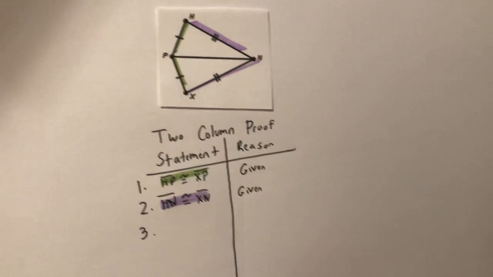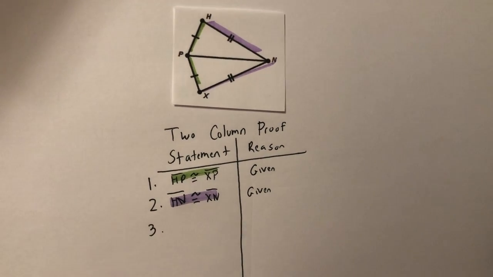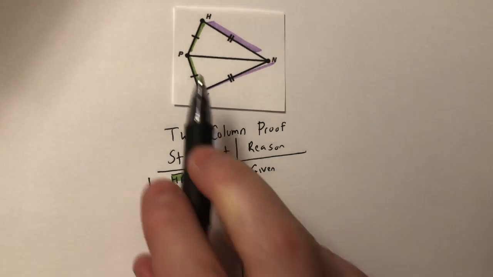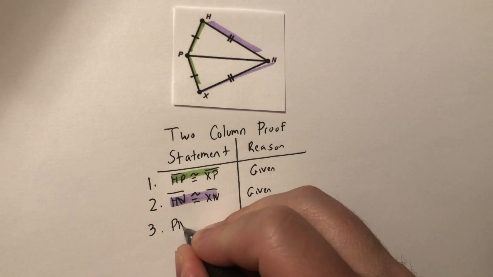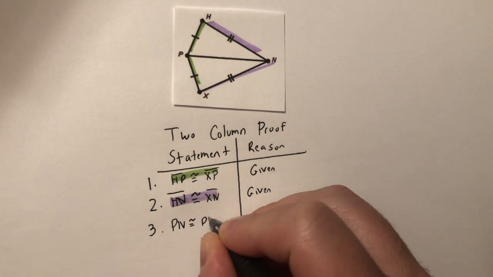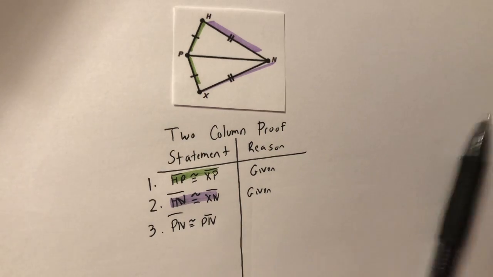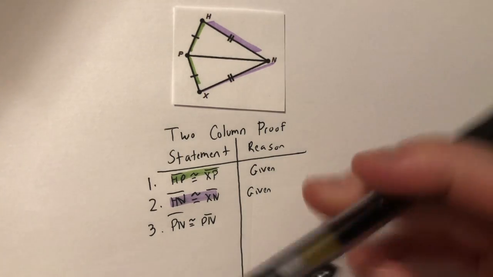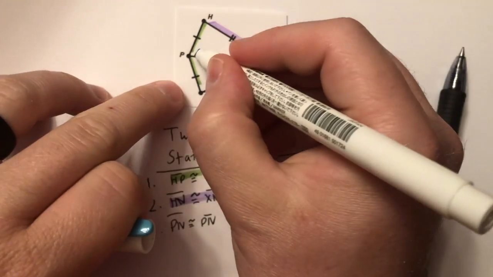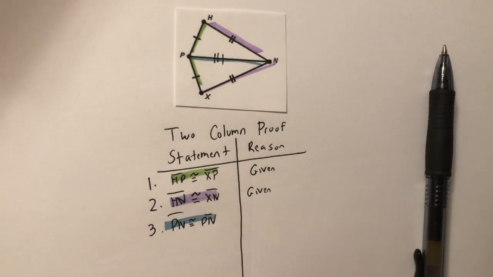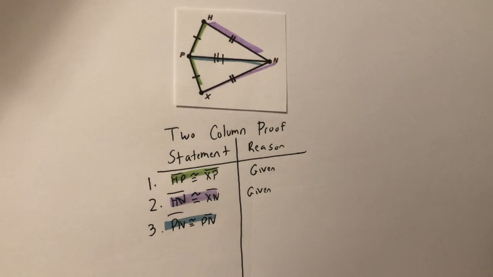There's another piece of information, though, that's in here that is not as obvious. It looks like they're sharing a side. So that means PN is congruent to PN because it's being shared by both triangles. I'm going to use a triple bar to show that. Remember what that's called?